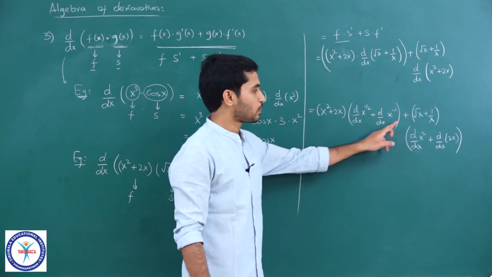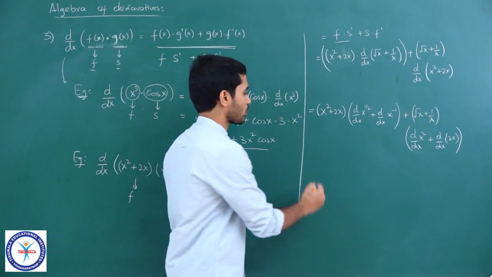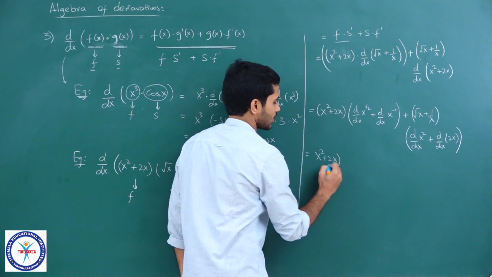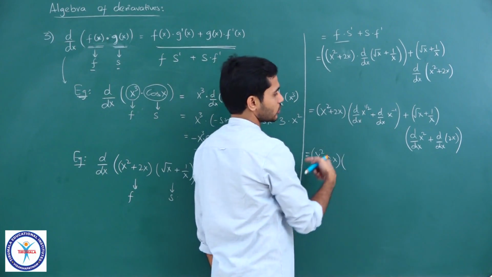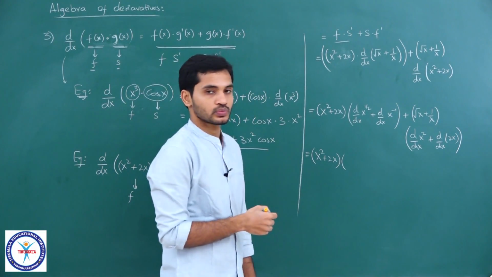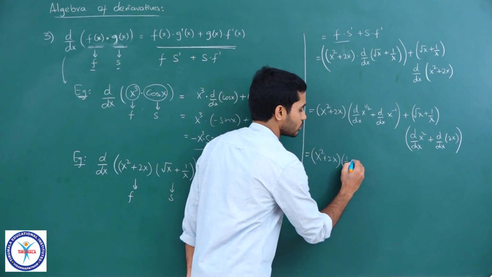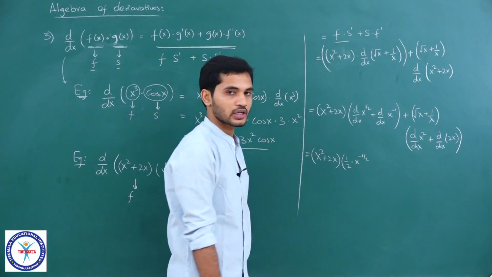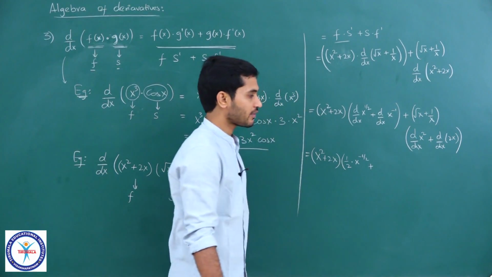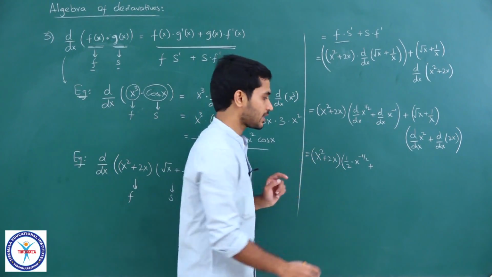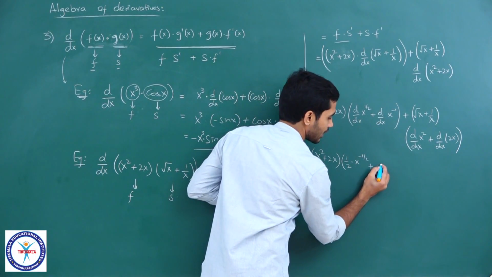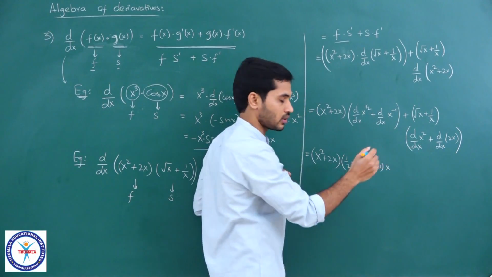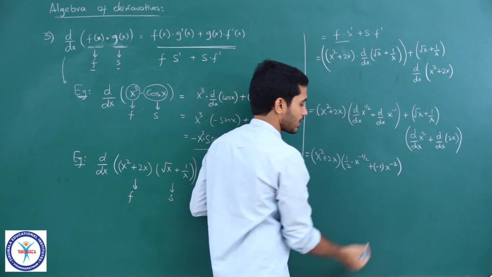So, this into this plus this into this, right. Okay. This should be equal to x square plus 2x into, now you know this, what is derivative of x power 1 by 2? So, I will write it as 1 by 2 into x power 1 by 2 minus 1, which is minus 1 by 2, clear, plus derivative of x power minus 1. What is that? Minus 1 should come to the front. So, minus 1 into x power minus 1 minus 1, which would be minus 2, correct.